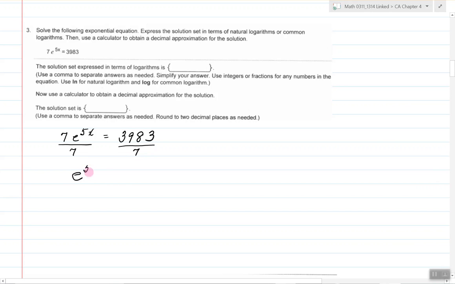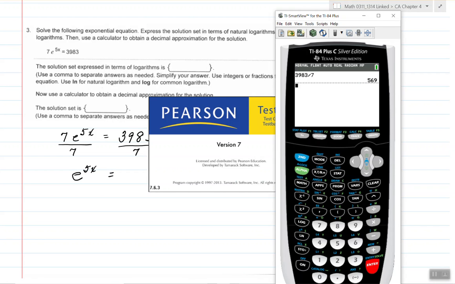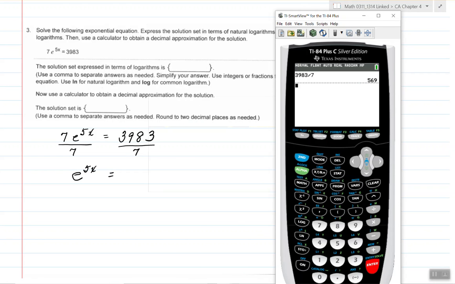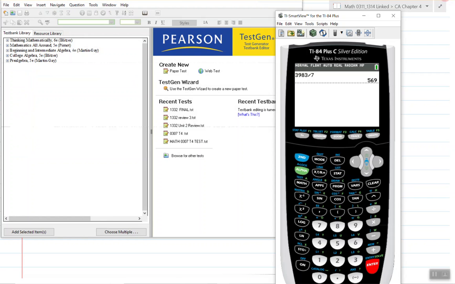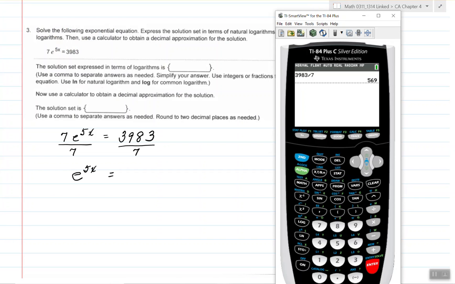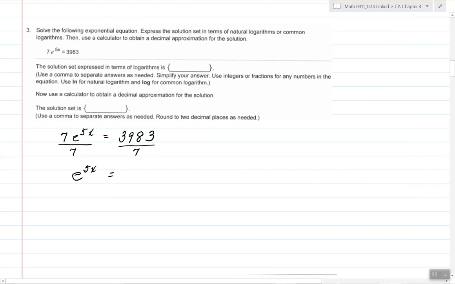I get e to the 5x is equal to, let me see what that number was again. Whoops, let me close something that's trying to open. All right, it was 569. Now, because it's base e, I definitely want to use a natural log. Natural log of e to the 5x is equal to 569.